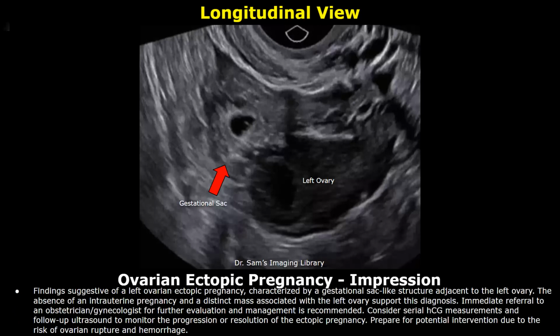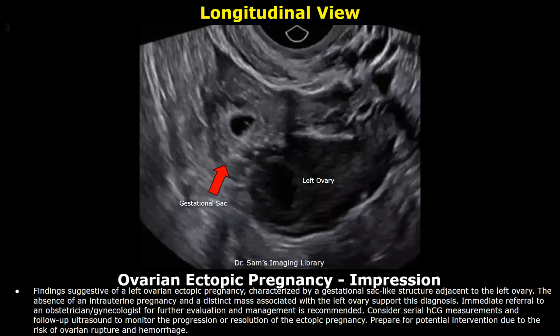Here is the impression. Findings suggestive of a left ovarian ectopic pregnancy characterized by a gestational sac-like structure adjacent to the left ovary, the absence of an intrauterine pregnancy, and a distinct mass associated with the left ovary support this diagnosis.